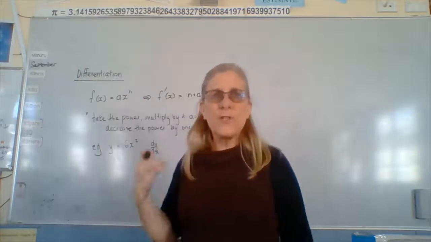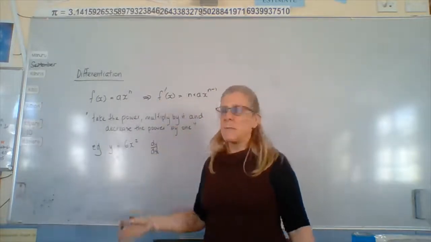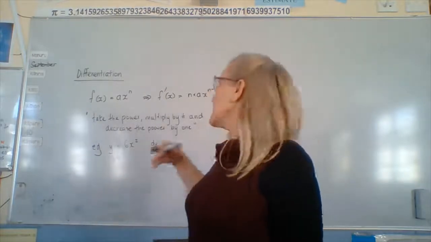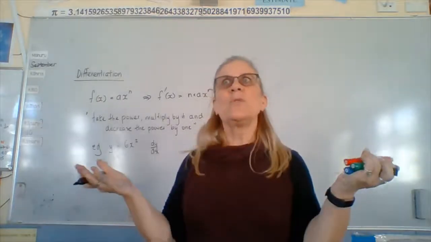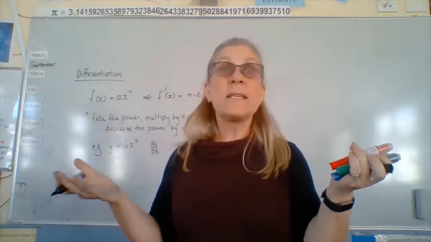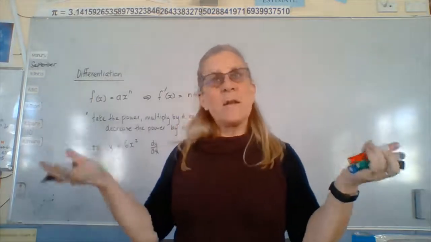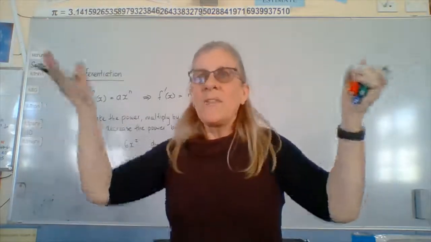So there's 2 different notations. There's this one and there's this one. They have fancy names. This one's called the Leibniz notation and the other one was invented by Newton. So Newton and Leibniz were 2 very ancient old mathematicians, physicists, and they discovered this on opposite sides of the world at approximately the same time, but we didn't have telephones or the internet, so they couldn't go, I found it.